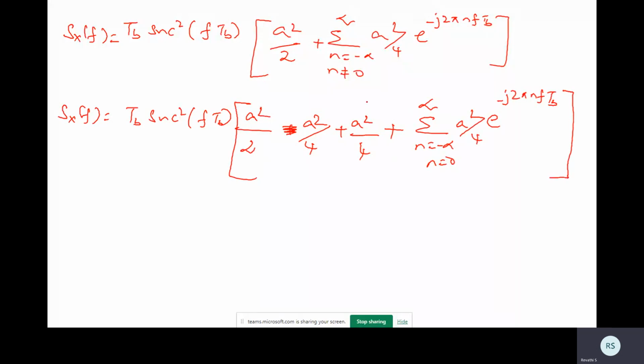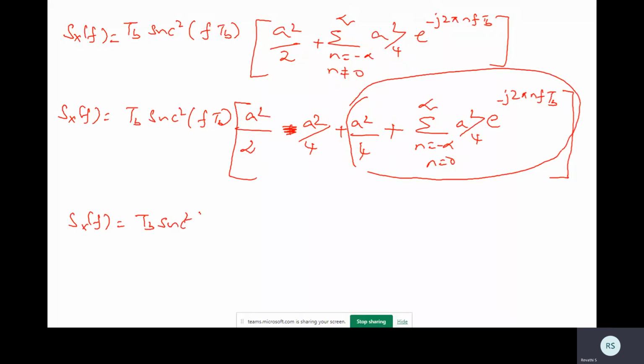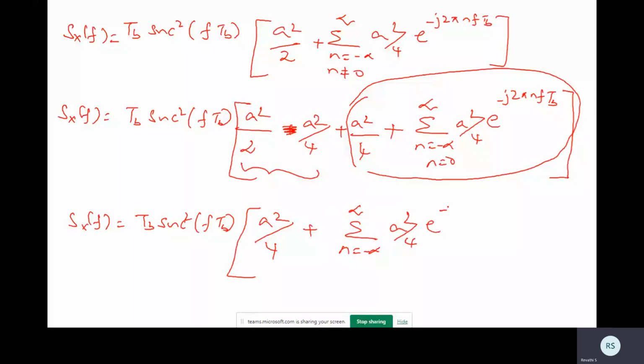So now you can combine these two things, and you can say that n equal to 0 is also introduced. So this Sx of f now becomes Tb sinc square of f Tb, and similarly if you subtract these two things, you get a square by 4 plus summation n equal to minus infinity to plus infinity a square by 4 e power minus j 2 pi n f Tb.